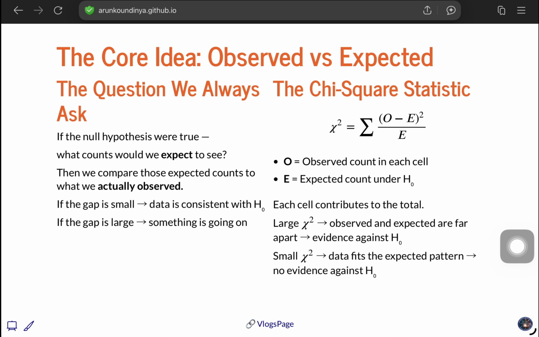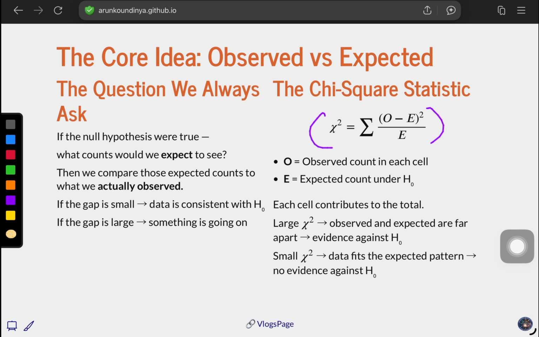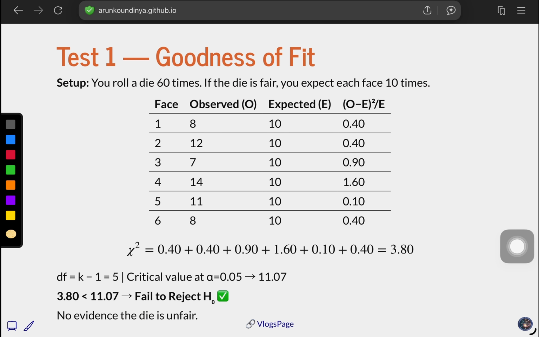You can go through this slide, but put simply, there is a formula here, and you arrive at something called a chi-square. The larger the chi-square, it means we have evidence against the null hypothesis. Now let's go back. Say for example we want to test whether a die is fair or not.